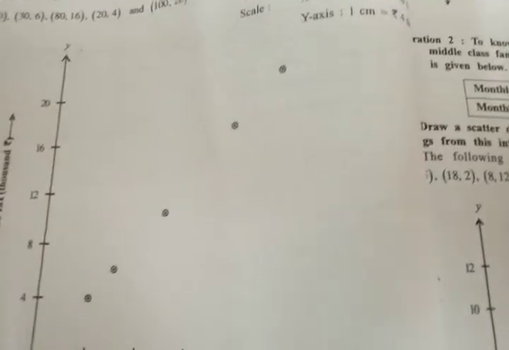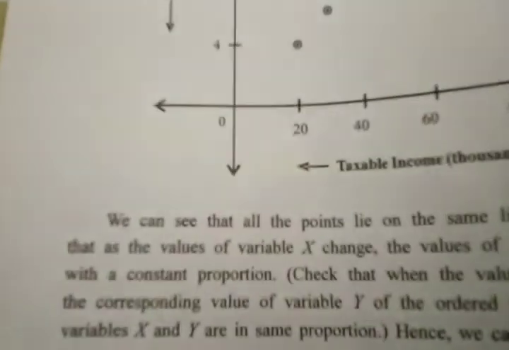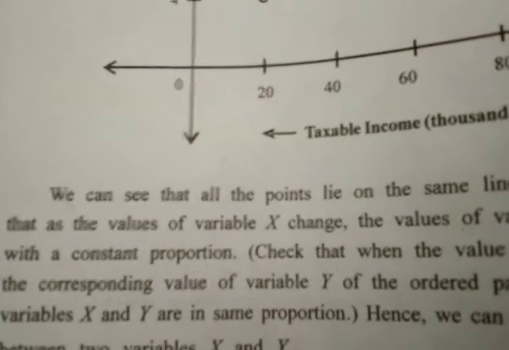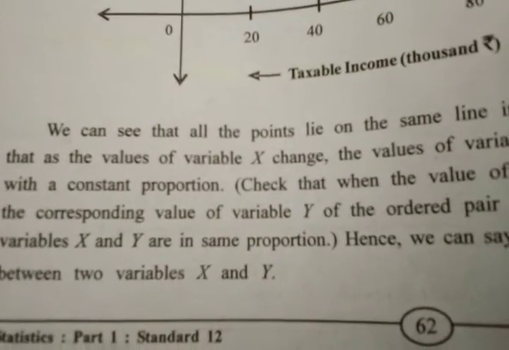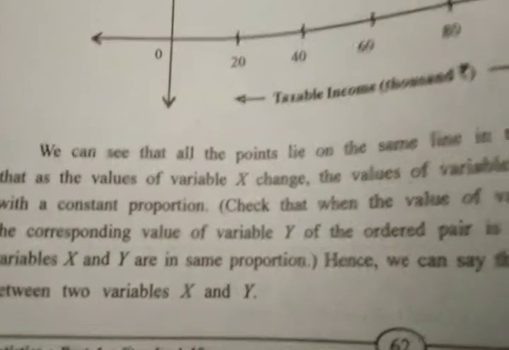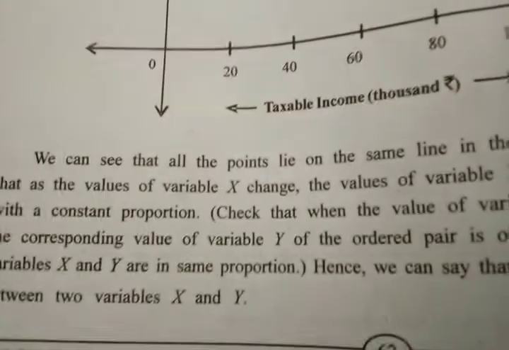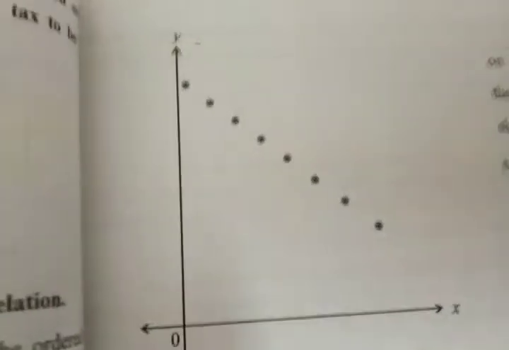This is a case of perfect positive correlation. So please go through this particular example and understand the meaning of a perfect positive correlation, which we get in a graph.